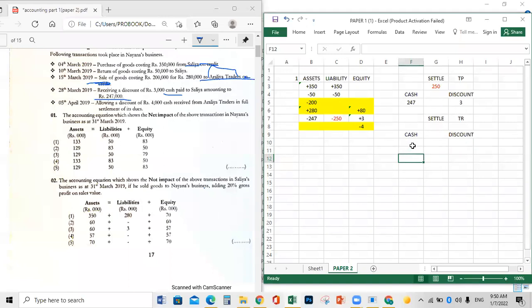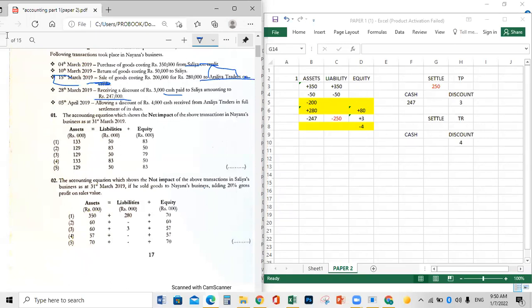You are allowing a discount of 4,000, and they are telling you allowing a discount of 4,000, cash received from earlier traders is full settlement of its dues. Now they are not giving the value, they are telling you to find it. Tell me, how much should Aurelia Limited pay us? Go to the transaction where you sold goods to Aurelia. How much should Aurelia Limited pay us?